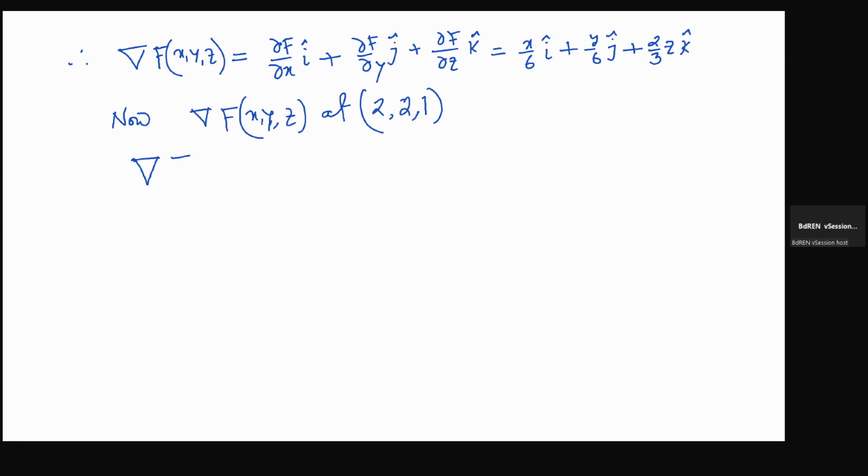The gradient of f at 2, 2, 1 is, if you plug x equal to 2, then you will get 1/3 i, 1/3 j, and plus 2/3 k. Any confusion?